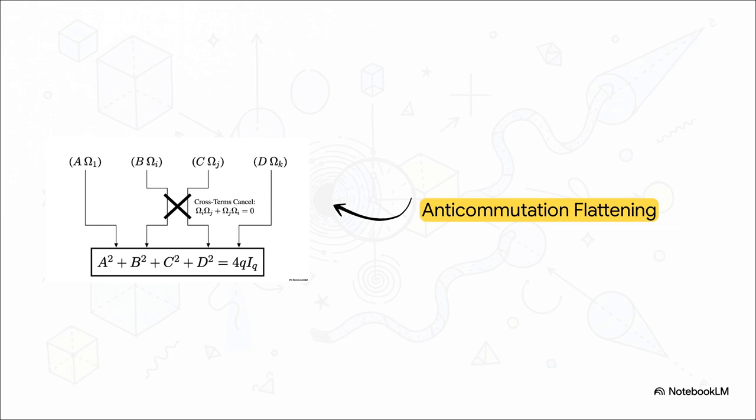But because the underlying matrices strictly anti-commute, meaning omega i times omega j plus omega j times omega i equals exactly 0, all those messy mixed cross terms just vanish identically upon integration. They completely cancel each other out. What survives at the bottom is that perfectly stable 4-way orthogonal shadow. A squared plus B squared plus C squared plus D squared equals 4q I sub q. The anti-commutation does all the heavy lifting to create a pristine scalar output.